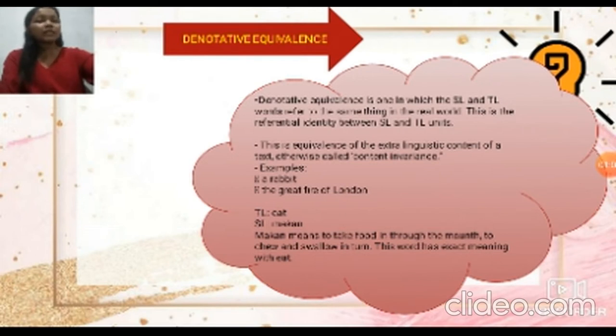Source language, makan. So, makan means to take food in through the mouth, to chew and swallow in turn. This word has exact meaning with it. Jadi, makan in source language has the exact meaning with it in target language.